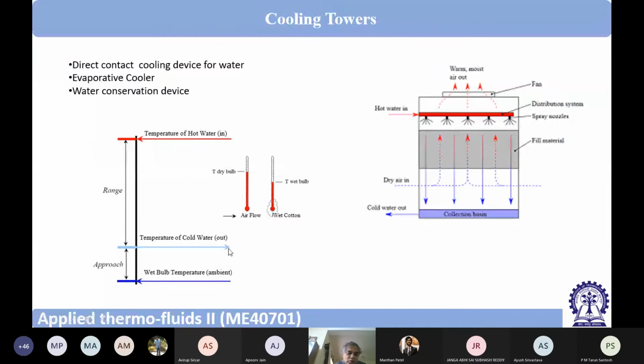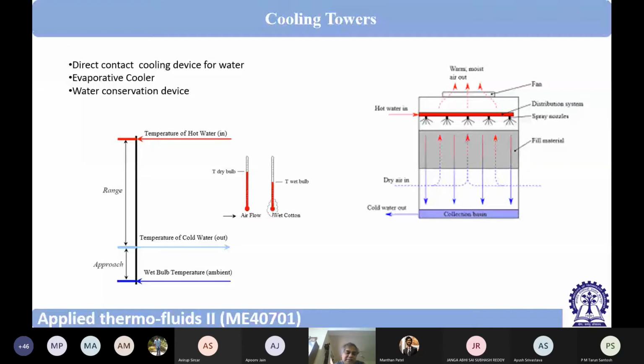Thermodynamically, it is possible to cool this cold water, or lower the cold water temperature, up to the wet bulb temperature of the ambient. That means the incoming air's wet bulb temperature. Without violating the second law of thermodynamics, we can cool it up to this temperature. Below this, we cannot cool.